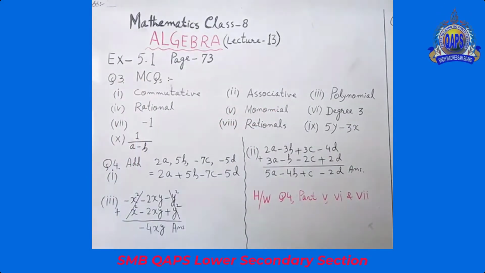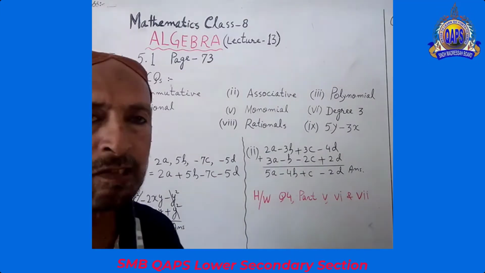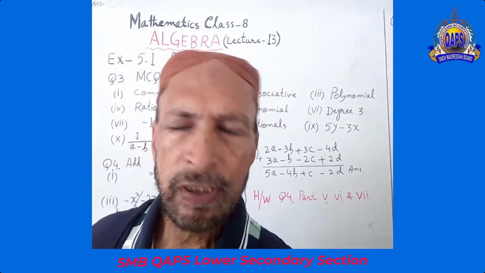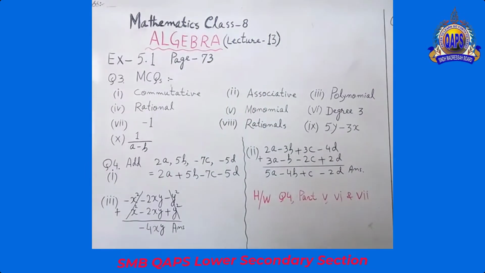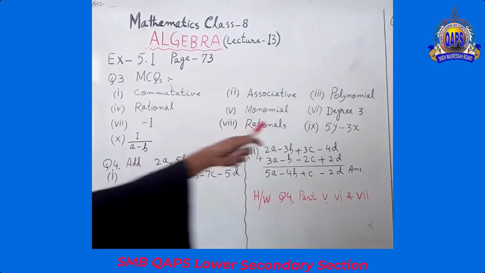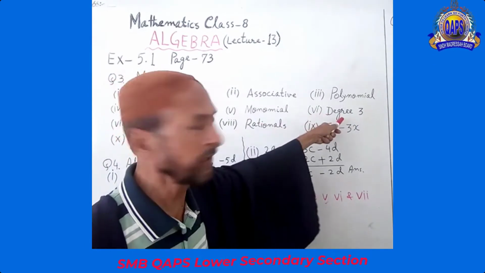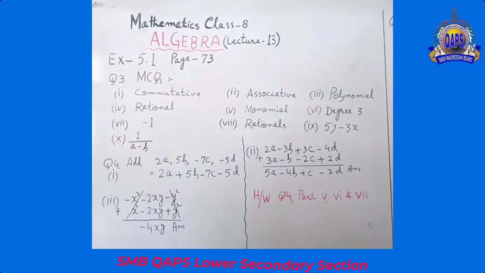Number 6. x power 3 minus 1 is a polynomial of degree dash, because power is 3, so the answer is degree 3. Degree 3.